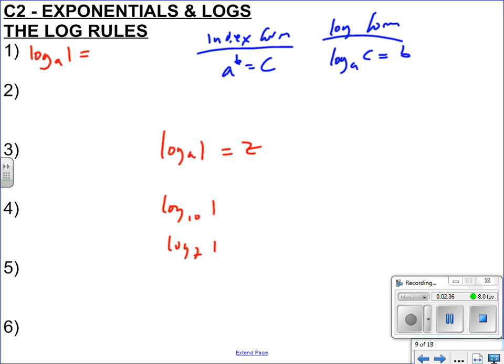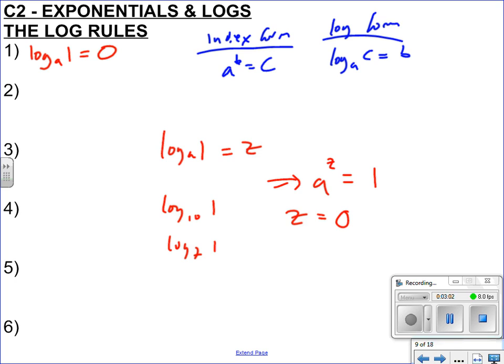And if we put that in index form, we get a to the z equals 1. What must z be then? If a is any number, in order to get a to the power to be 1, my power must be 0, mustn't it? a to the 0 is 1, a million to the power 0 is 1. So log base a of 1 is always 0.